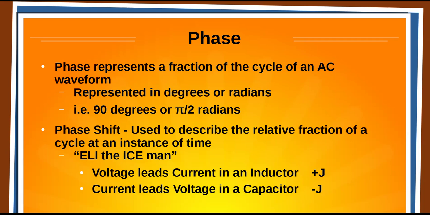So a 90-degree phase shift is also represented as pi over 2 radians. And you'll see that a lot when we talk about wavelengths and things, like quarter wave stubs.